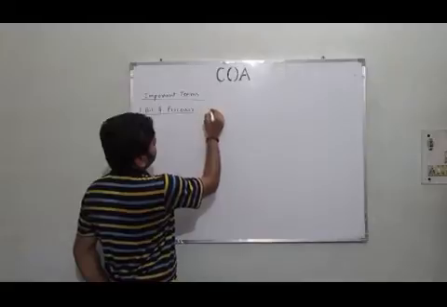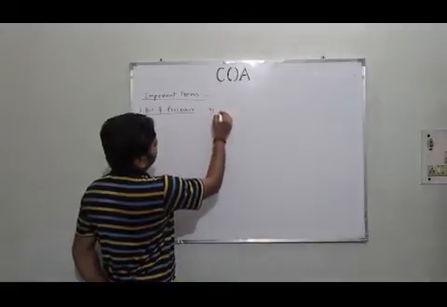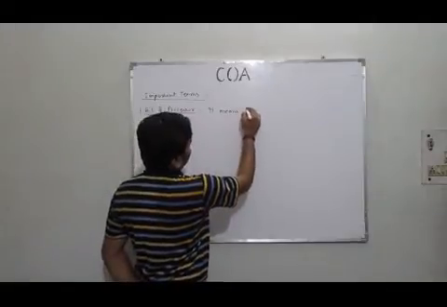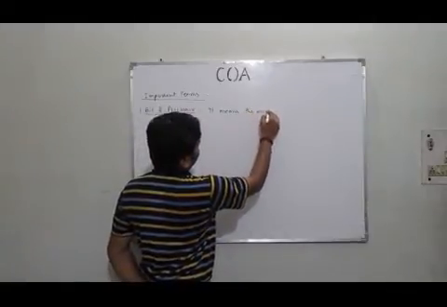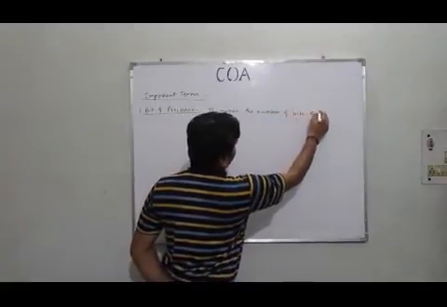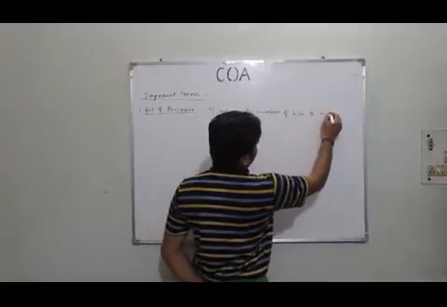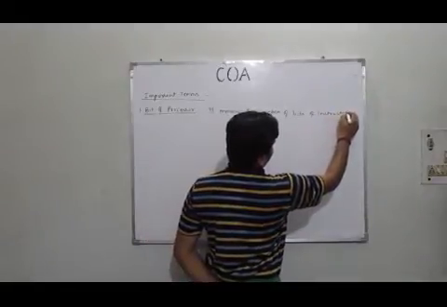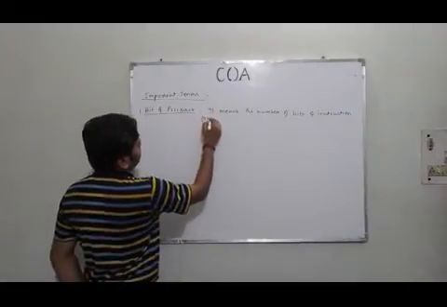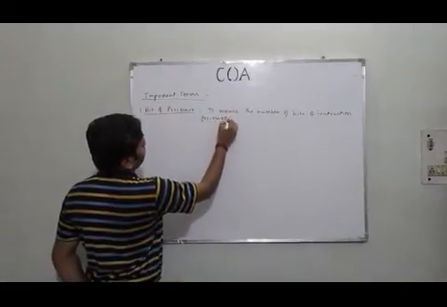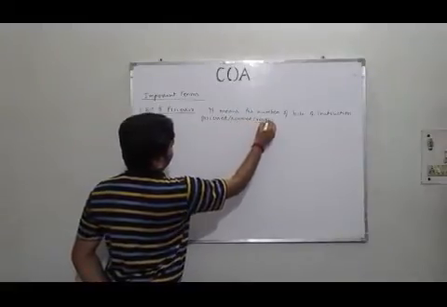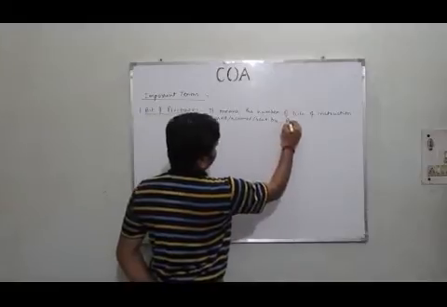Bit of a processor basically implies the number of bits of instruction processed, or you can say scanned, or you can say read by the processor.